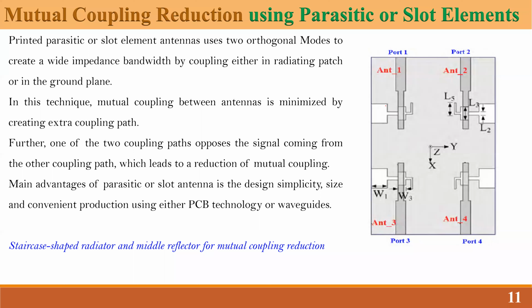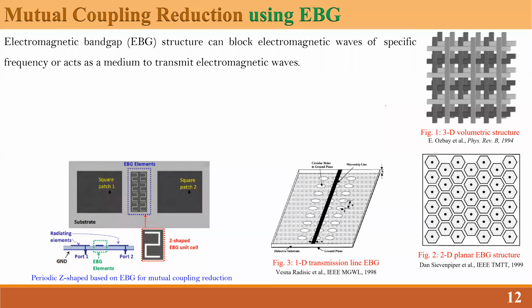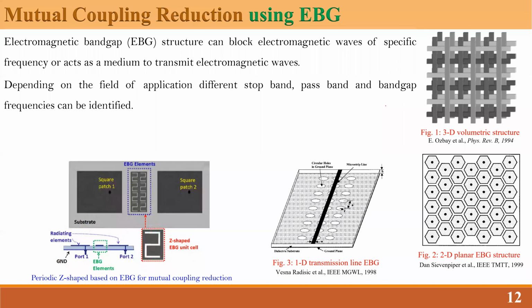focus on in this class. This particular technique is called electromagnetic bandgap structures. These electromagnetic bandgap structures are one of the ways of reducing the mutual coupling. That is the first thing. Before I start the EBG, as of now, we have studied 4 different techniques by which one can reduce the mutual coupling.